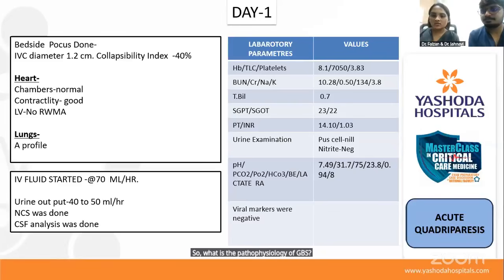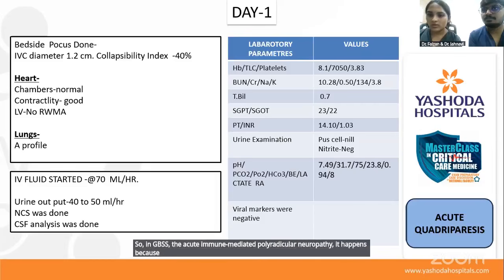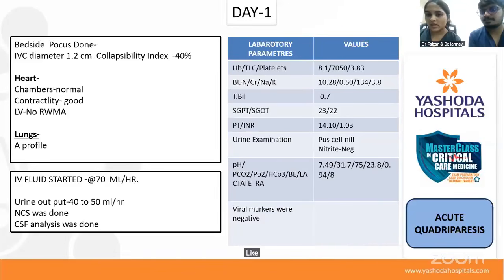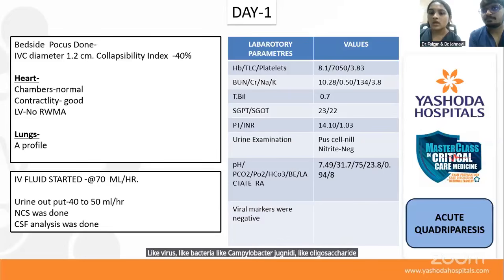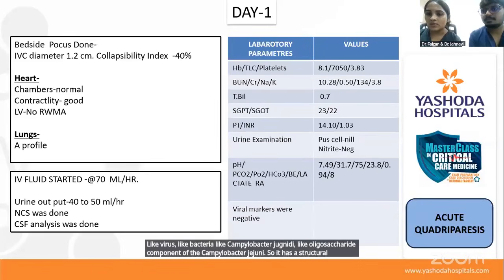GBS is an acute immune-mediated polyradiculoneuropathy. It happens because of molecular mimicry, sir. Usually the antibodies are directed towards a microorganism like Campylobacter jejuni, the lipo-oligosaccharide component of the Campylobacter jejuni, which has a structural similarity to the myelin.